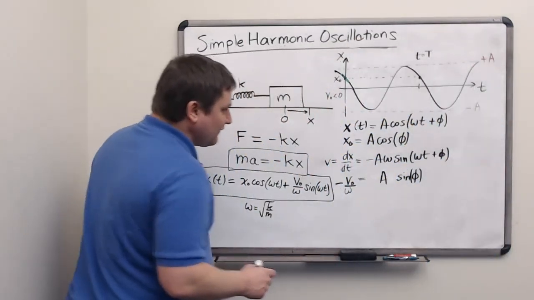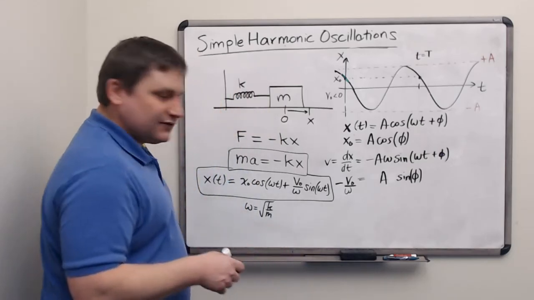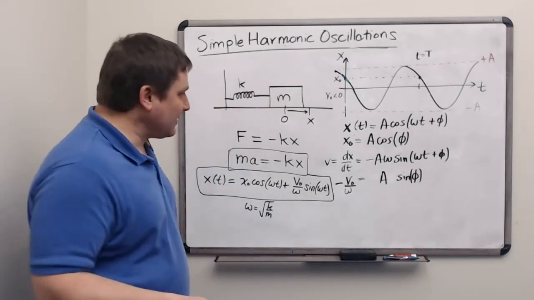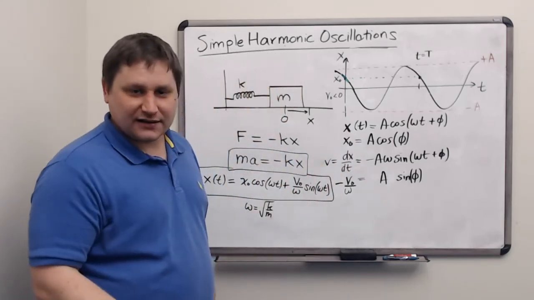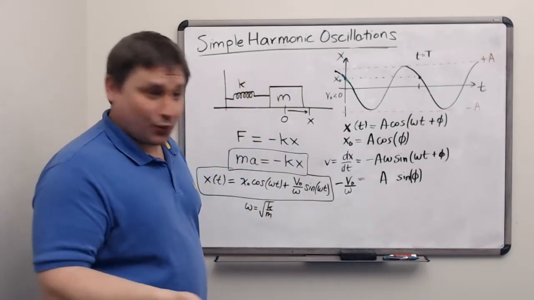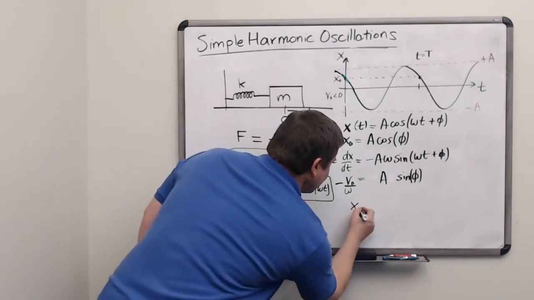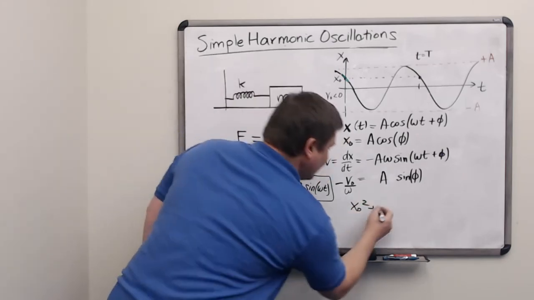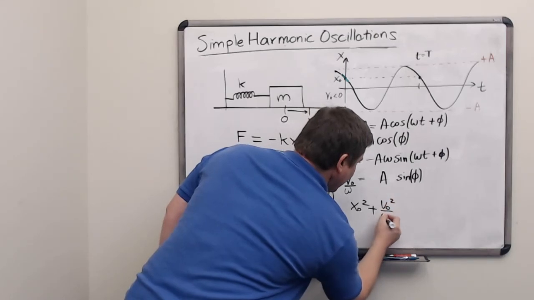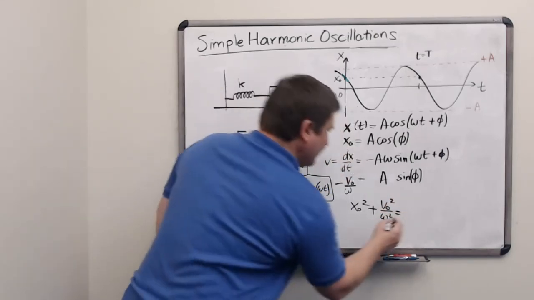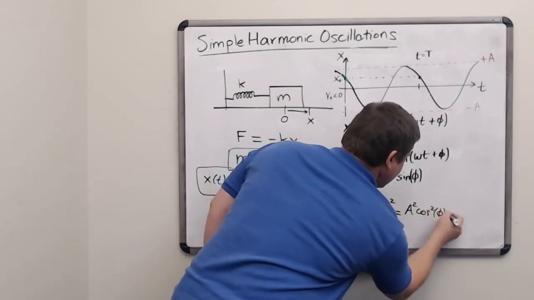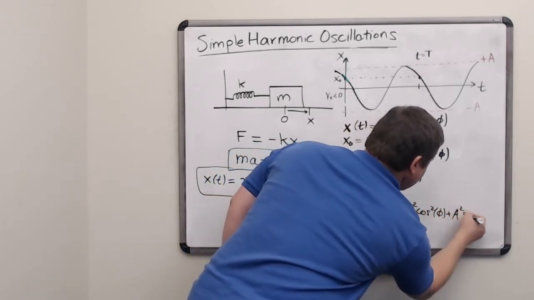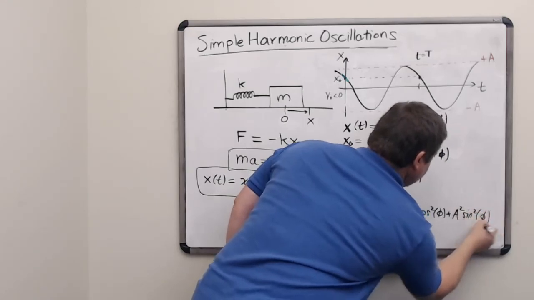So we can solve for these then. We can actually use what's like a Pythagorean theorem, or the trig identity, cosine squared plus sine squared equals 1. So if we take x0 squared plus v0 squared over omega squared, this will be equal to a squared cosine squared of the phase plus a squared sine squared of the phase.